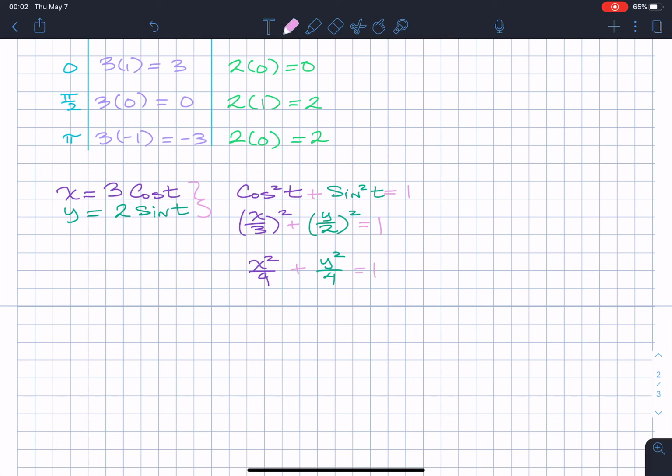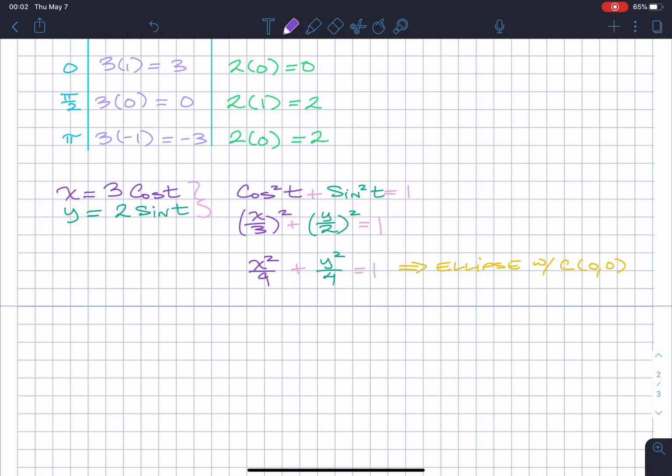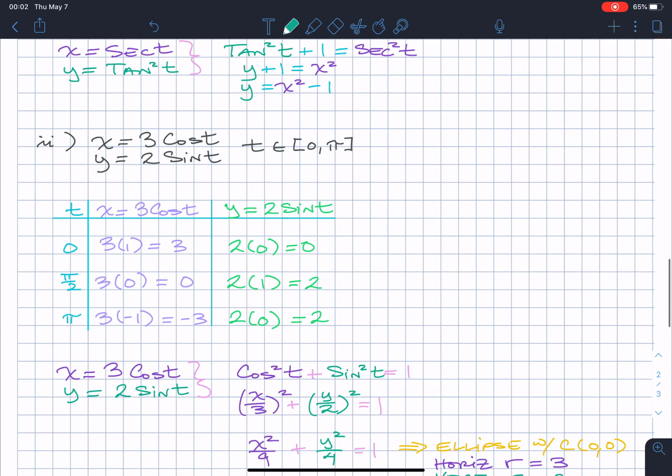An ellipse with center (0, 0), horizontal radius equal to 3, and vertical radius equal to 2. Okay, so let's see if that's what we get.